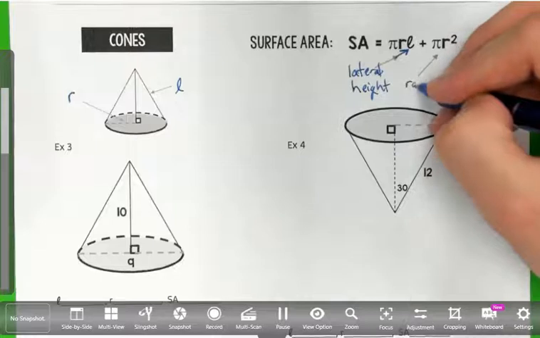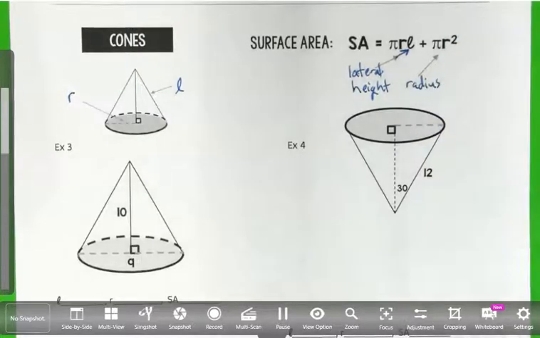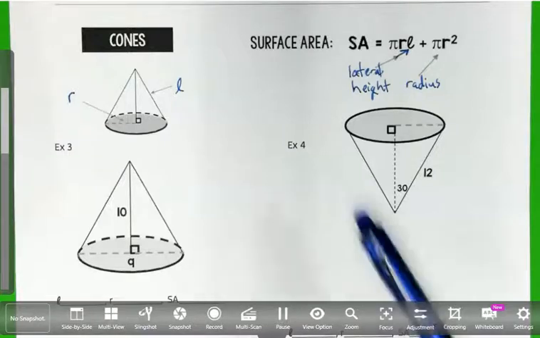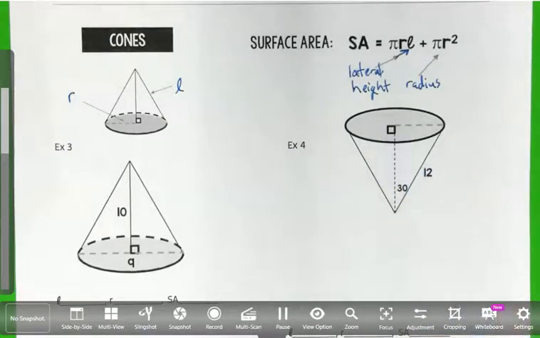And R stands for radius. All right, so our formula is pi r squared plus pi r L. So we can then take those two pieces of information and use them to find our surface area of a cone.